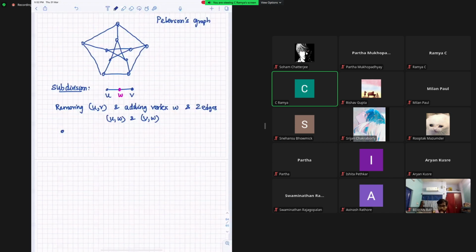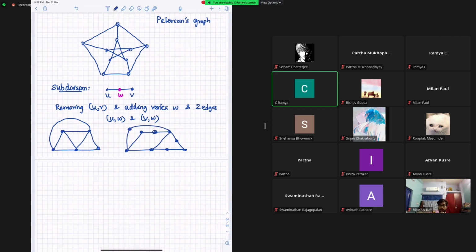Now, for example, let's consider these two graphs. I'm just drawing some arbitrary graph. It should not be planar. Let's consider this graph and this graph. Let's call this G1 and let's call this G2.